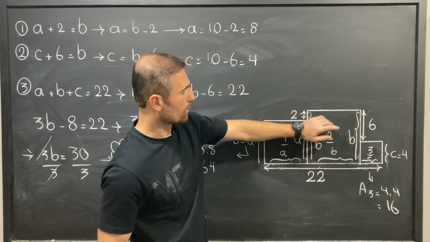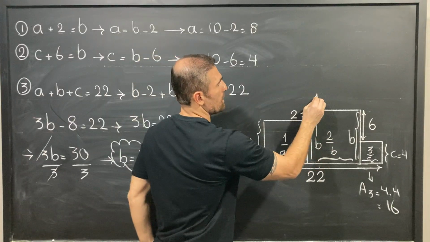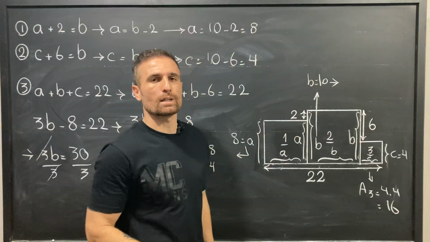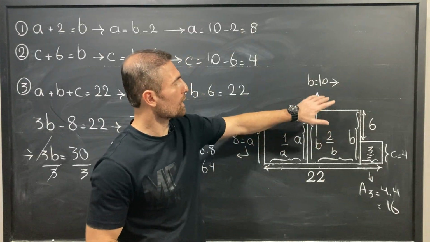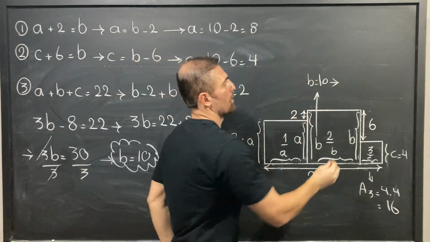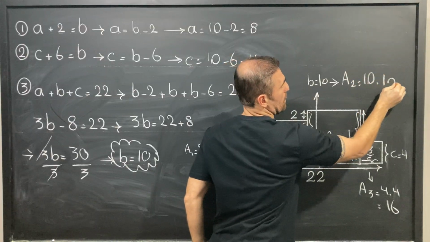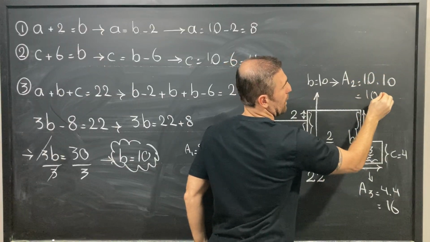How about this big one? B is 10. So tell me, what is the area of the square with the length of 10? 10 times 10 is 100.